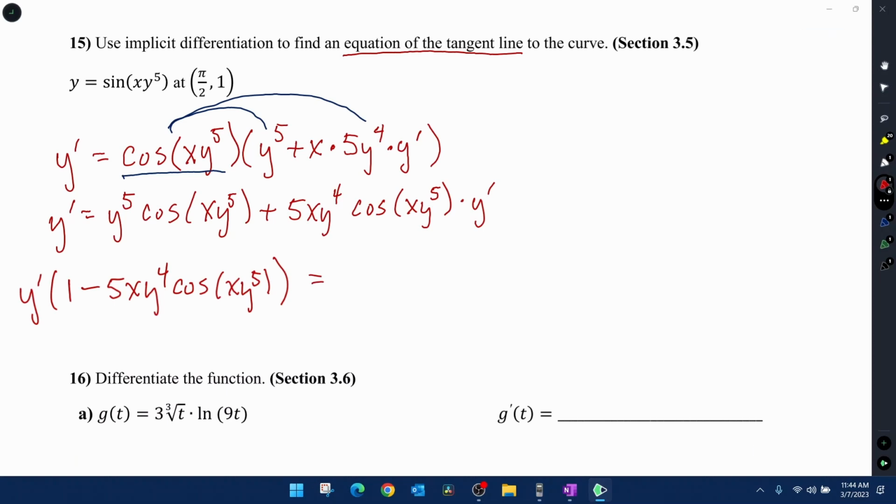Because if I bring this term over, it's going to become minus, and I'm going to factor out the y prime. And then what does that equal? Y to the fifth cosine of x y to the fifth.